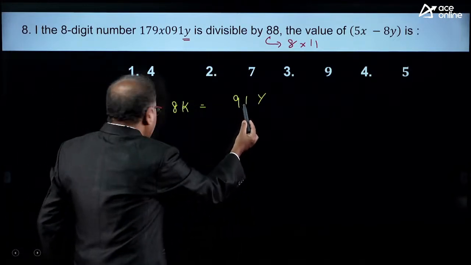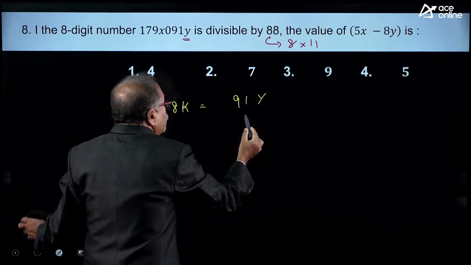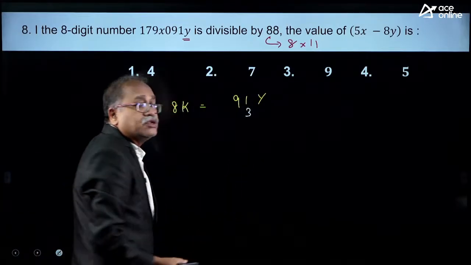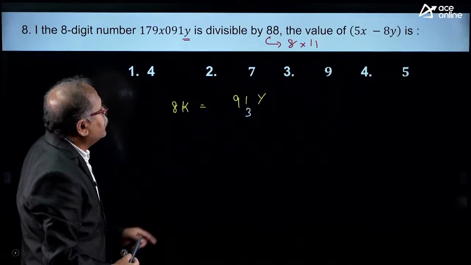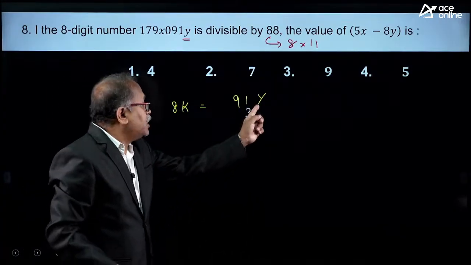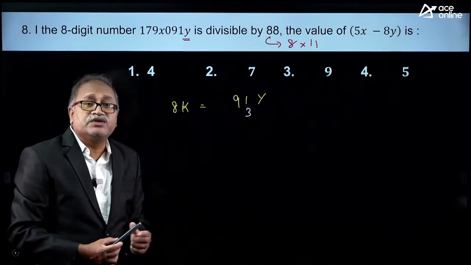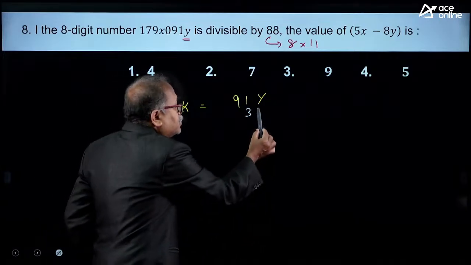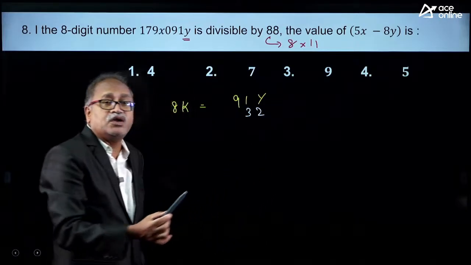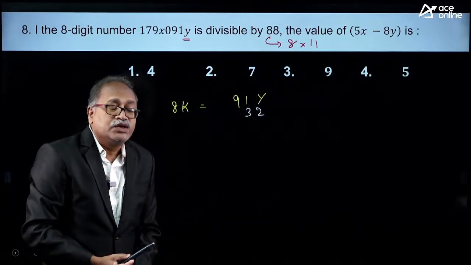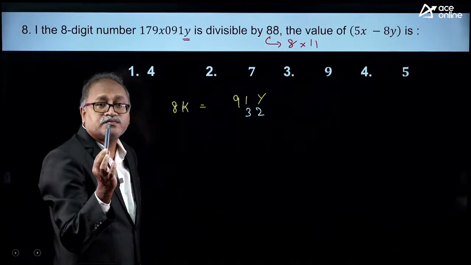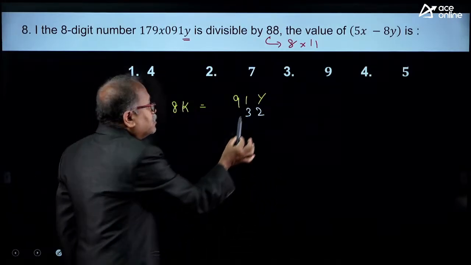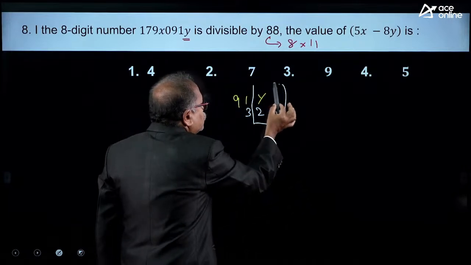So if 88 is there, then the remainder over here is 3. Now put the value of y: what value should I take so that it is divisible by 8? I know 8 4s are 32, so the y value is 2. That part is clear? The y value is 2.